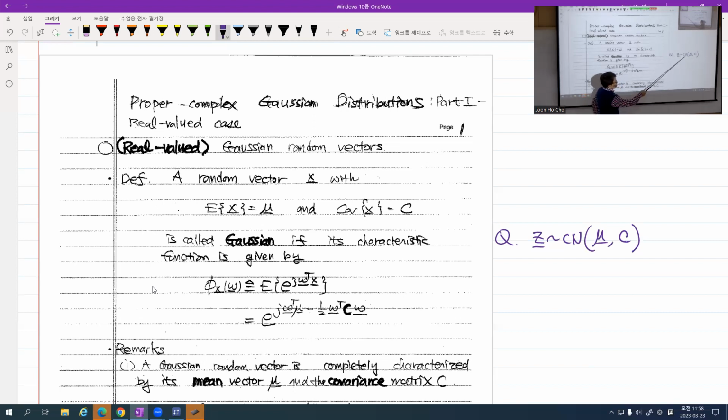So Z is a proper complex Gaussian with mean vector mu and covariance matrix C. And what is the characteristic function of Z? And it is highly likely you use real and imaginary parts. The second one would be: simplify it as much as possible.